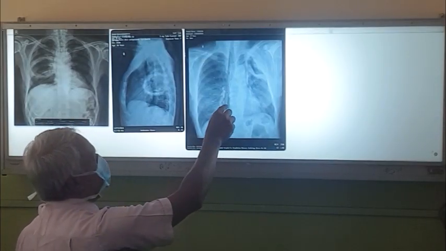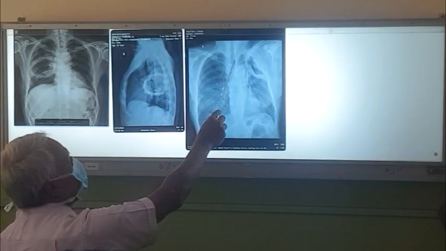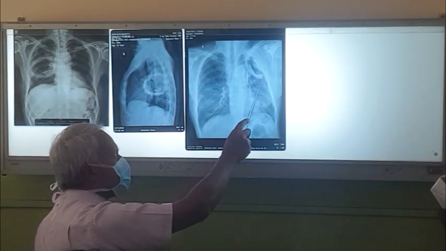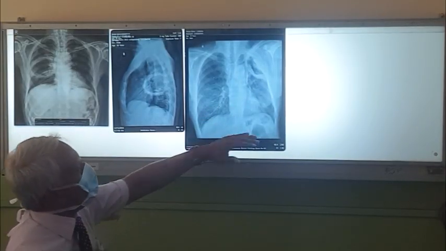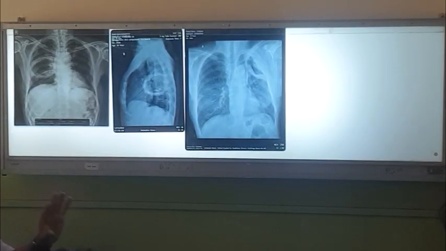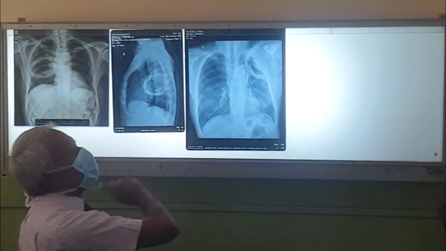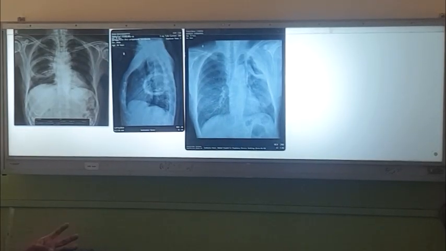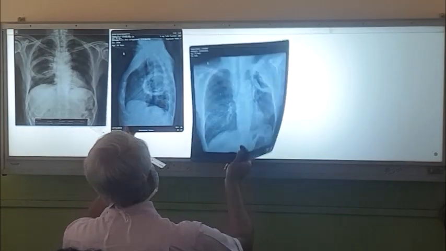Sometimes you can have tracheal elevation to the left side, so there is small tracheal elevation, and there is crowding, elevation of the hemidiaphragm, volume impairment, right? All are additional features of some underlying lung collapse. So there may be collapse due to malignancy at the left upper lobe, right? So rib crowding, volume impairment, tracheal elevation, mediastinal shifting, elevation of the hemidiaphragm, all are suggestive of some underlying collapse. Okay? Right.